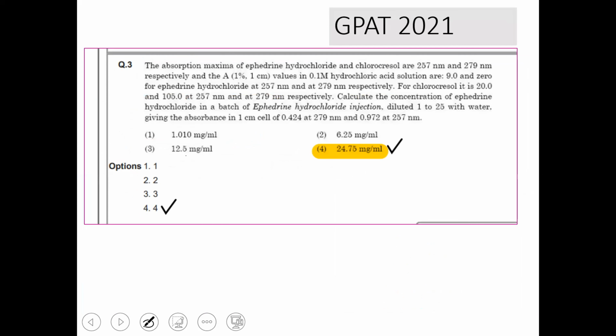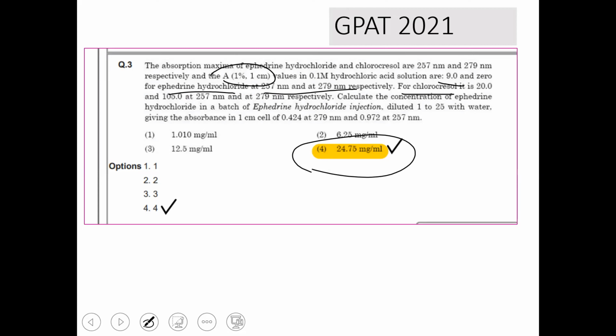And this question is a sum which has been asked in the last year. So the answer is 24.75. Here you have two drugs, ephedrine hydrochloride and chlorocrazole, which absorb at 257 and 279. They have given the A 1% 1 centimeter values for ephedrine as 9 and 0 at the 2 different nanometers.